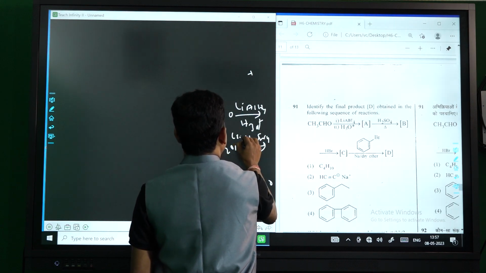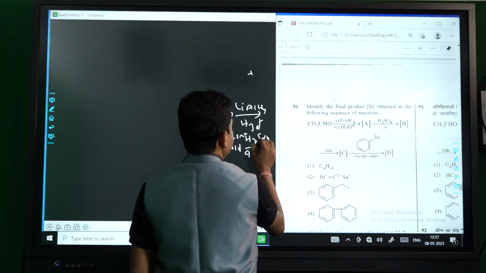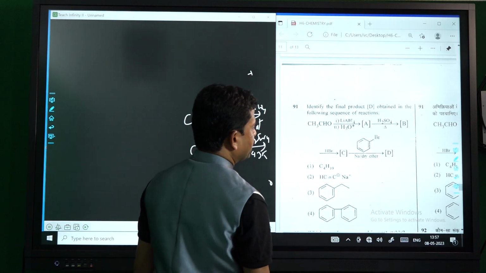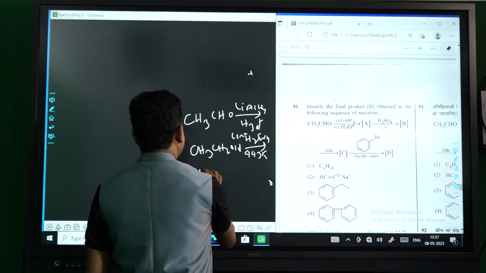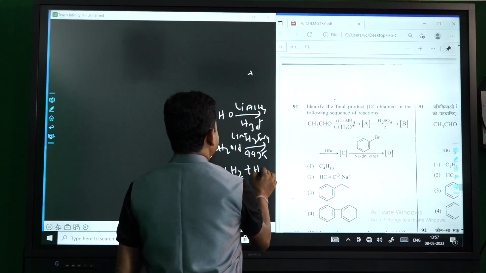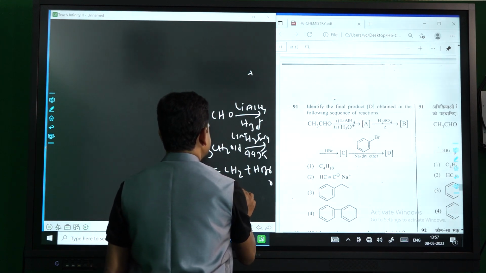Dear students, remember that only H2SO4 and 443 Kelvin is required, which is not given in your question. Only the heat symbol is given. So you will get CH2=CH2, and that reacts with HBr by electrophilic addition mechanism. You will get CH3CH2Br.